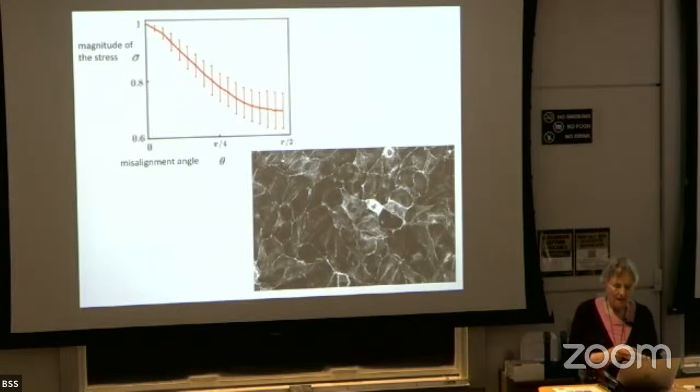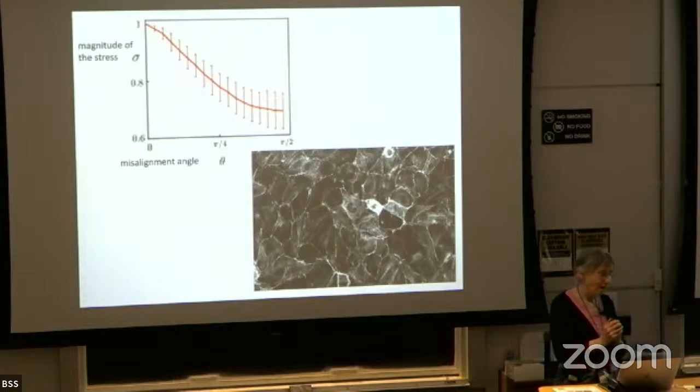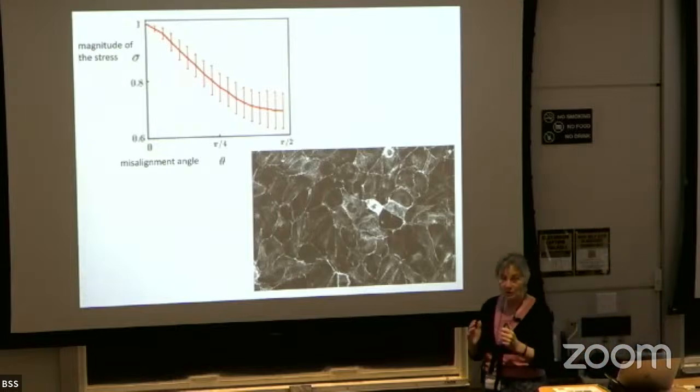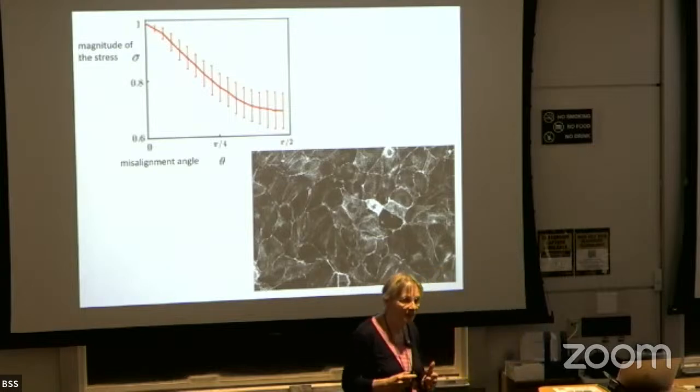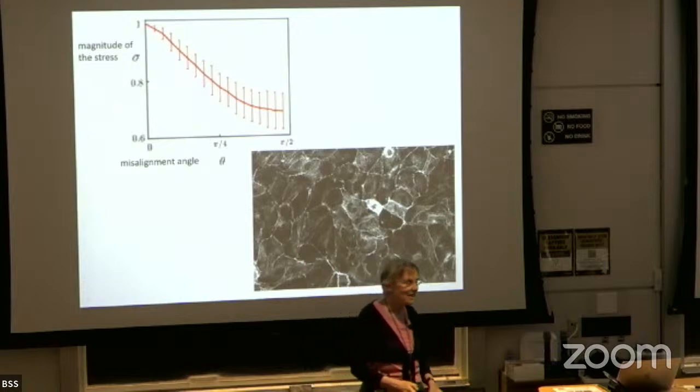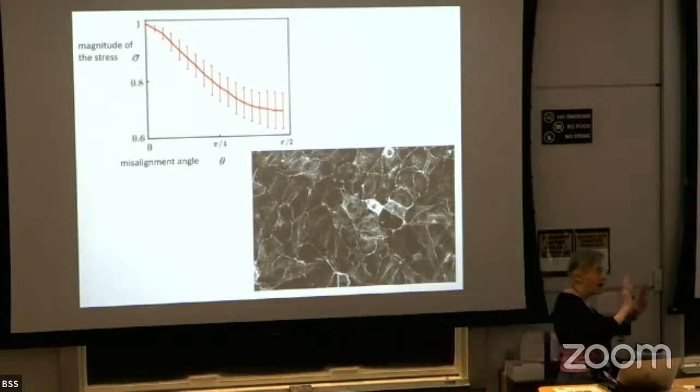Then we heard of some results from Benoit Ladoux's group. They did similar experiments and they got similar results, which was great because you might worry about some of these, but totally independently, they got the same thing about this idea of things having a misalignment angle.